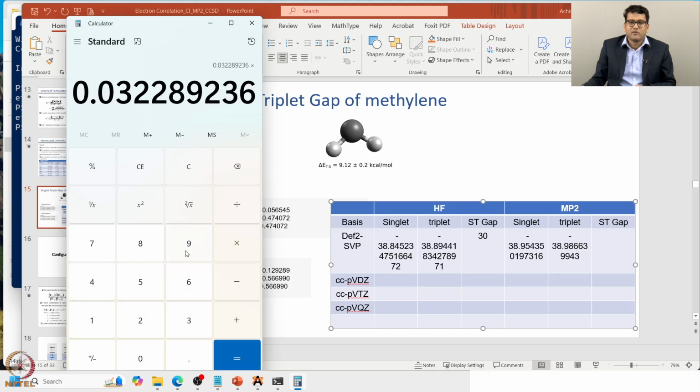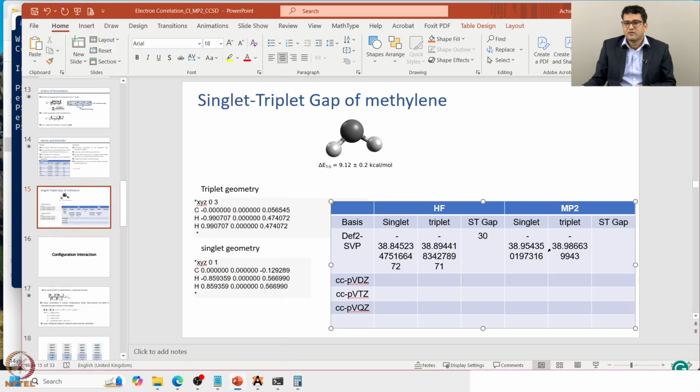And if I multiply it by 627.5, it comes to 20. So now you can see that at least going to the MP2 level, the results improve from what is there in Hartree-Fock.